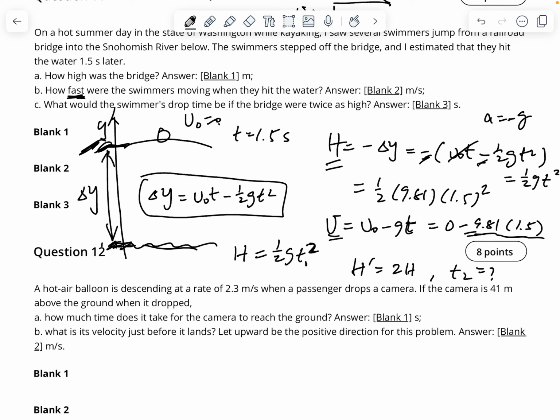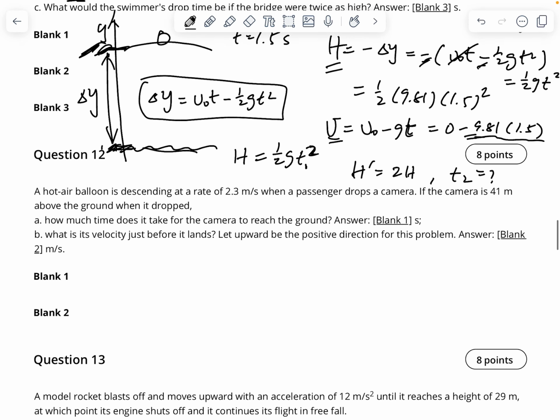With t1, h equal to half g t1 squared. h prime equal to 2h, so 2h equal to half g t1 squared, twice of that.